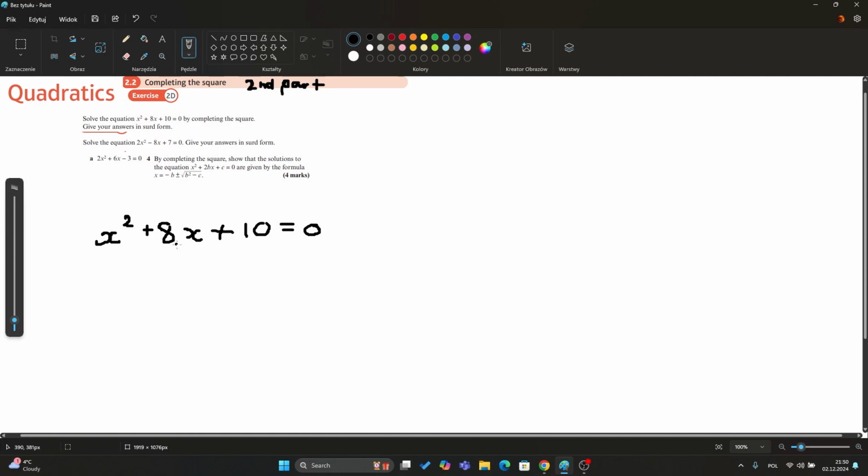So let's say that we want to solve this equation by completing the square. First of all, we write down the value of a, which is 1, so we ignore it.